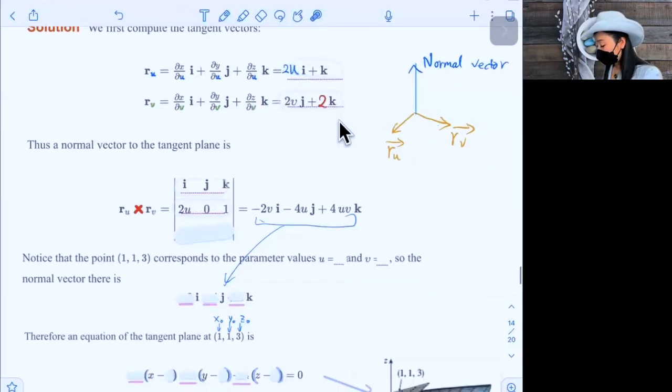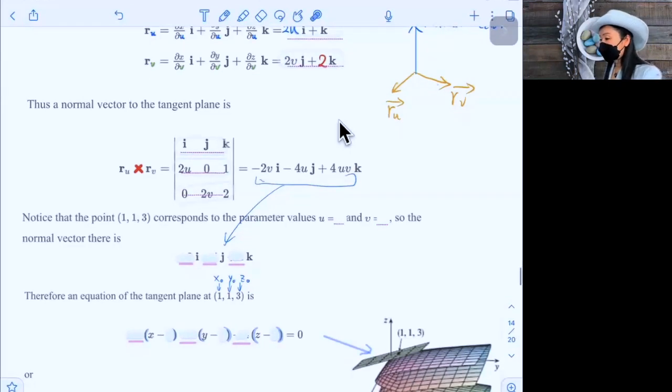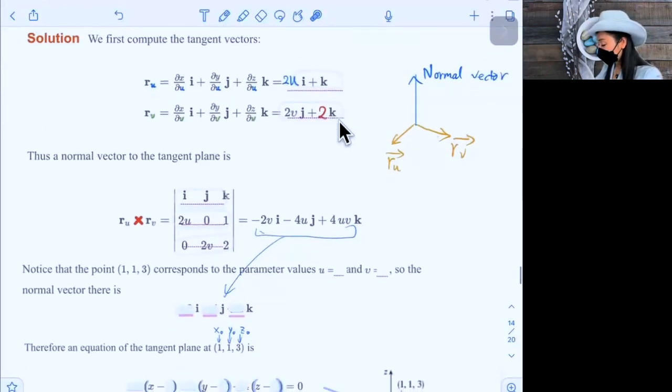What about R_v? That will be 0, 2v, and then 2, because this one doesn't have the i component, so it is 0. Then we calculate this cross product, and that gives you the normal vector.